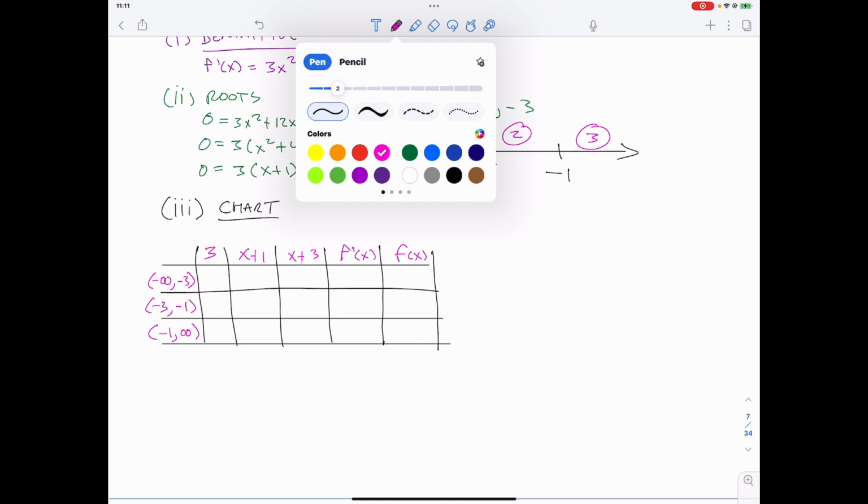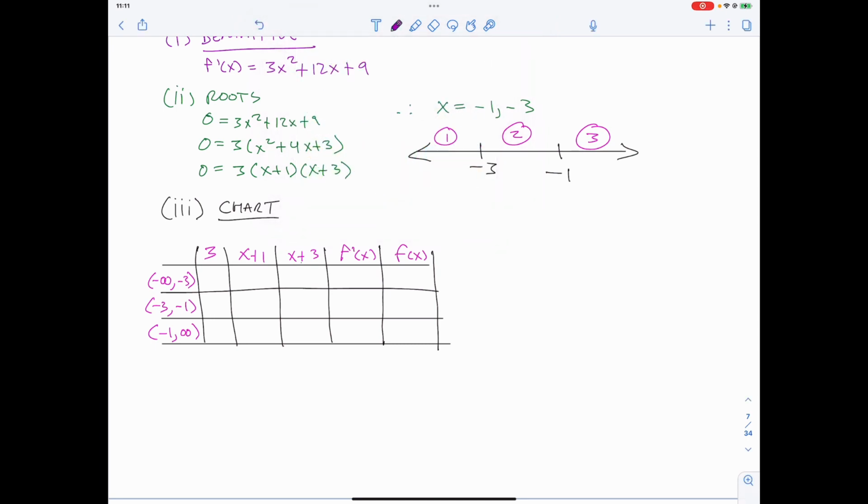Well, no matter what number I sub in, 3 is always going to be positive. When I sub in a number that is less than negative 3, then x plus 1 is going to be negative, and x plus 3 is going to be negative. When I sub in a number in between negative 3 and negative 1, like negative 2, then x plus 1 is negative, but x plus 3 is positive. And then when I do a number bigger than negative 1, like 0, then x plus 1 is positive and x plus 3 is positive.